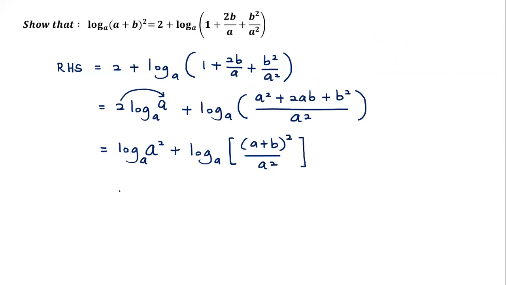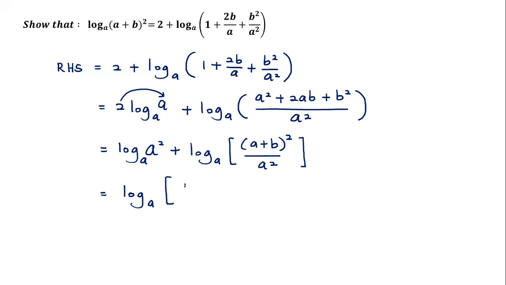Then you get log a with a square plus this log. We can directly combine them, because plus, when you combine, becomes times, multiply. Why can you combine? Because everything is already under log base a.